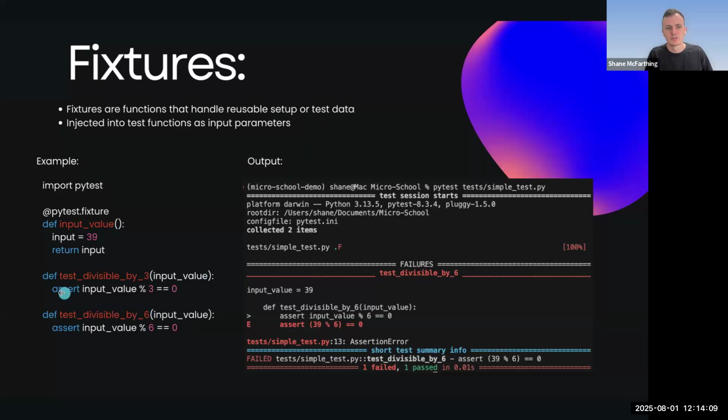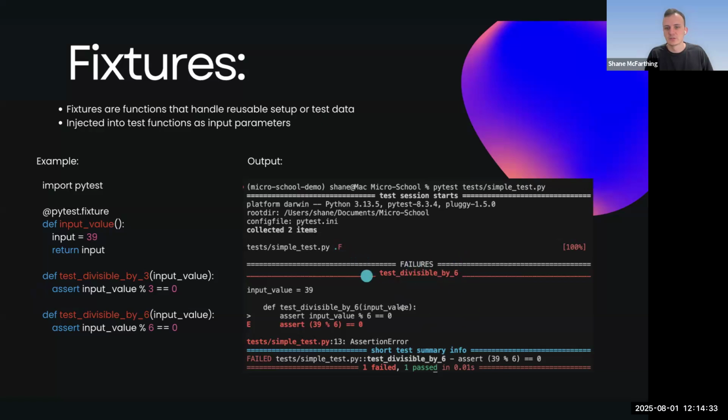In this case, we're going to run this test that the input value is divisible by 3, which should pass. Then we're going to run this test where we check if it's divisible by 6, which we know should fail. If we run the tests again using this fixture function, we can see that it found 2 tests. The first one passed with a dot as we expected, and the second one failed.